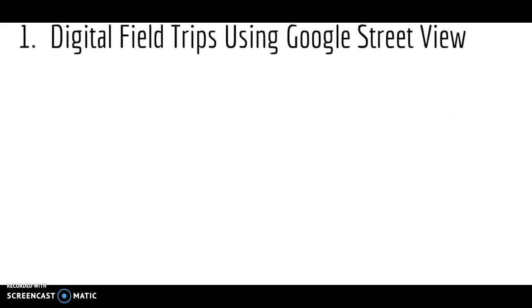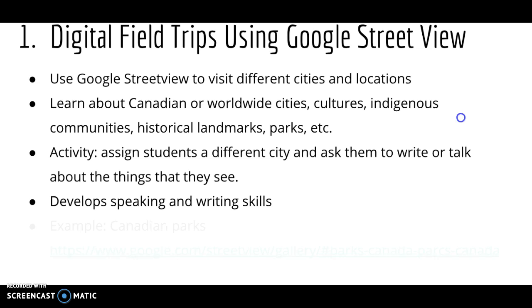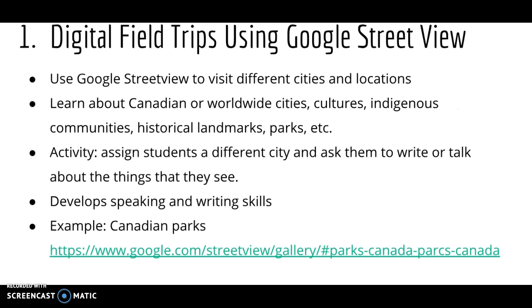So in this video, we will be going over 3 different technologies and how to use them in the classroom. The first example I have is digital field trips using Google Street View. In addition to adult ESL classes, I also teach citizenship test preparation classes for newcomers to Canada, and both of these classes have components that require learning about Canadian cities, geography, and culture.